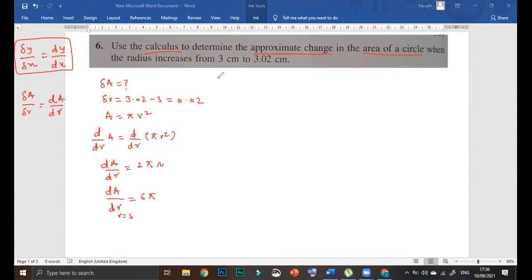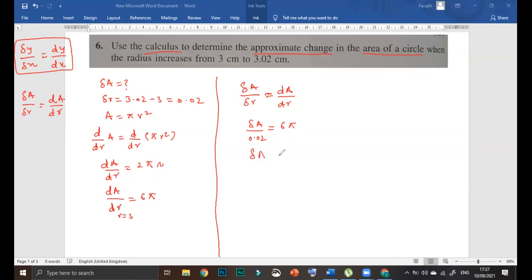Now we will write down the formula for the small changes. That is del A over del R is approximately equal to dA over dr. Del A is unknown, del R is 0.02 and dA over dr is 6 pi.